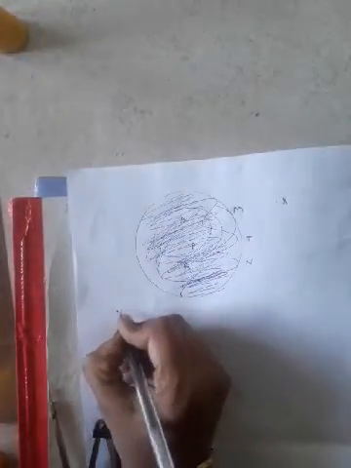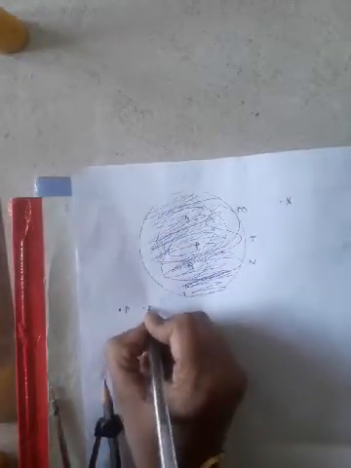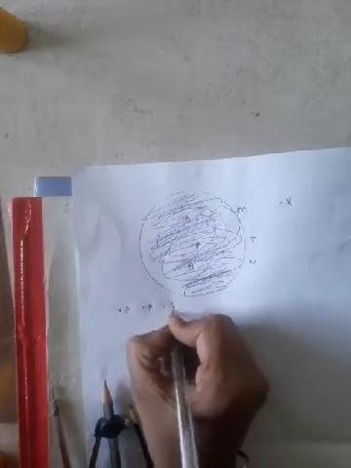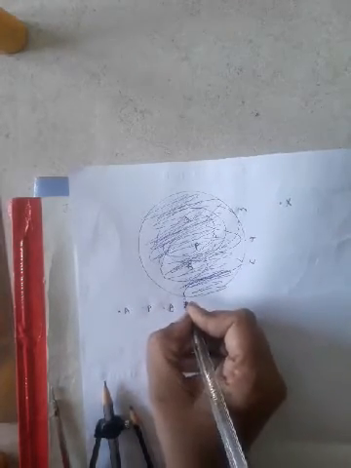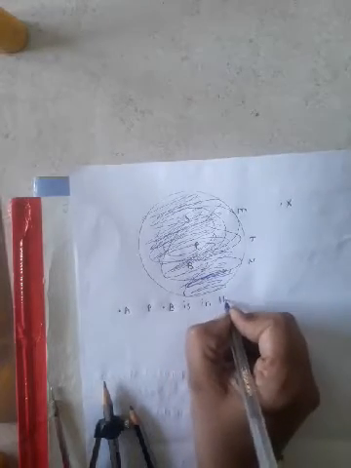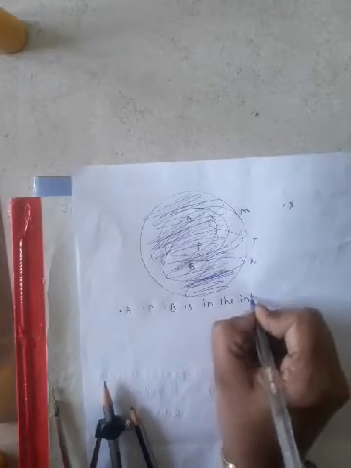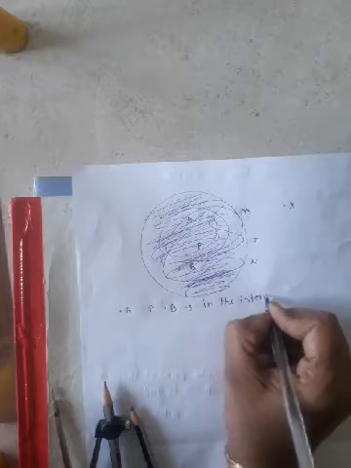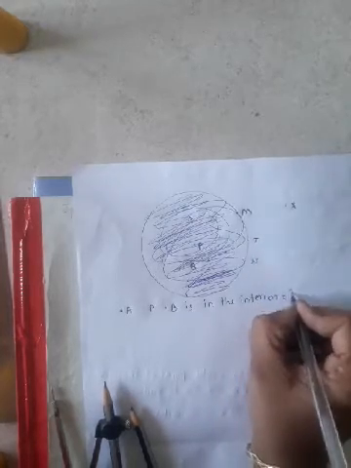The points in the circle, see here, points A, P, B are in the interior of the circle.